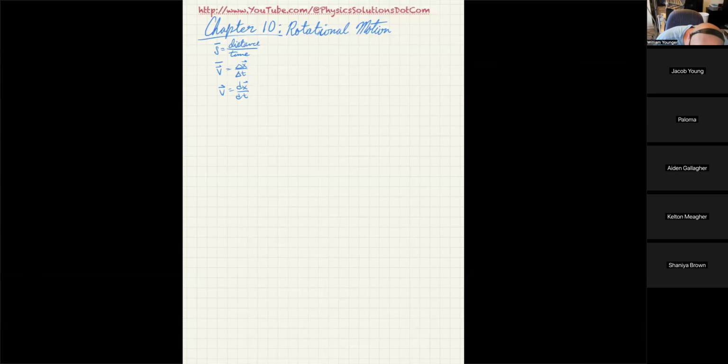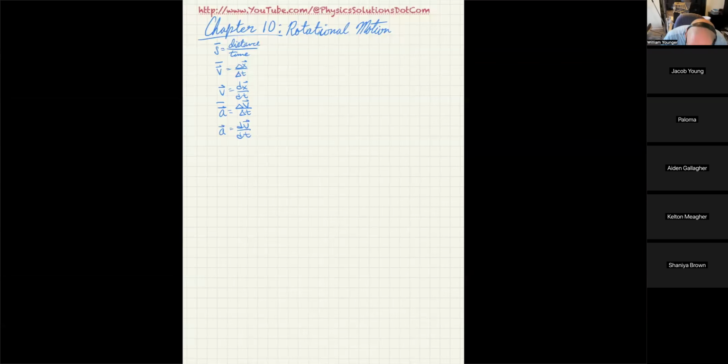When we integrated another one, we were able to get an acceleration. I'll first start off with the average acceleration, which is delta v over delta t. And the instantaneous acceleration a is dv dt.